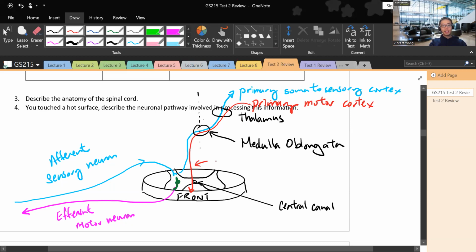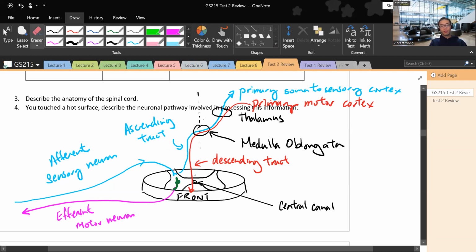So at the front here, that's the descending track. And over here, that's the ascending track.